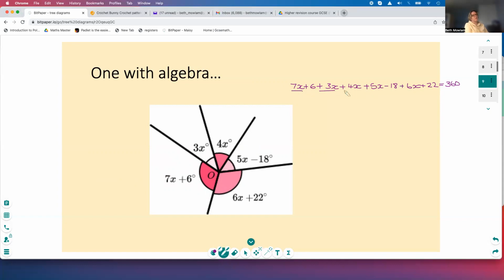Then I'm going to combine them. So I've got 7, 10, 14, 19, 25 x's. I've got 6 minus 18 is minus 12. Minus 12 add 22 is 10. So it'll be 25x plus 10 equals 360.